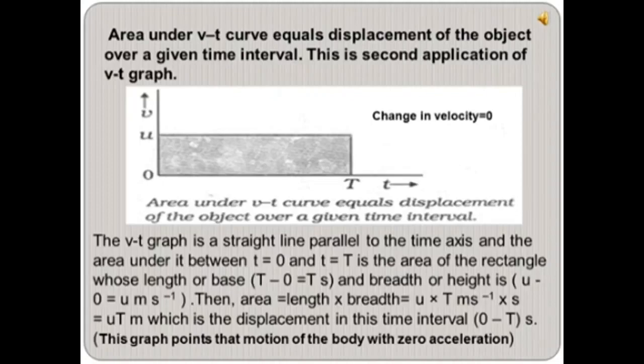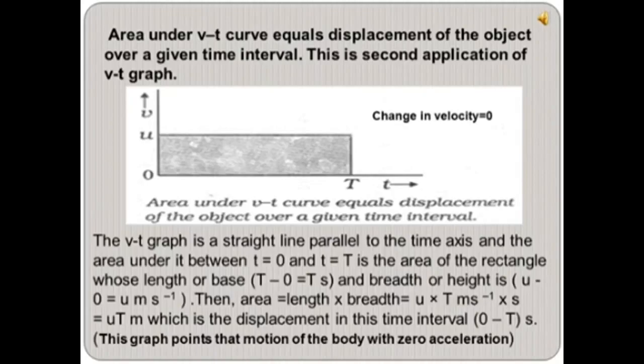As shown in figure, the graph is a straight line parallel to the time axis and the area under it between t equal to 0 and t equal to capital T is the area of the rectangle whose length or base is equal to T minus 0 equal to T second and breadth or height is equal to u minus 0 equal to u meter per second.